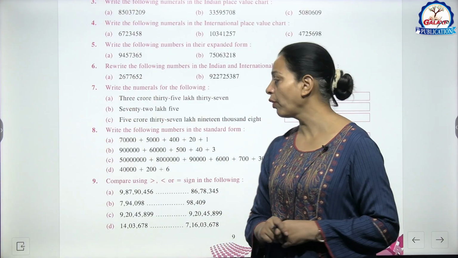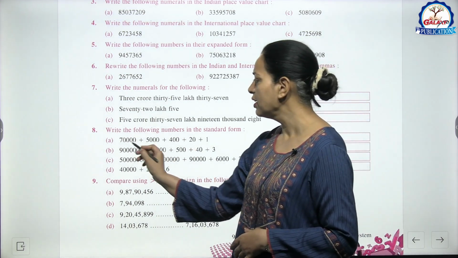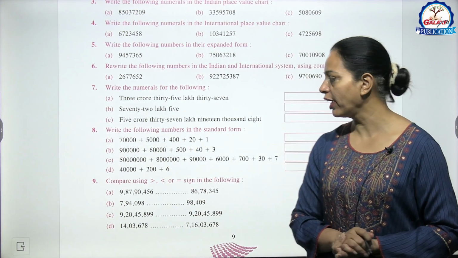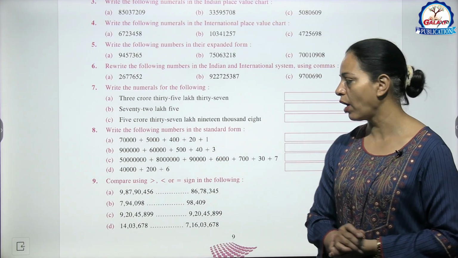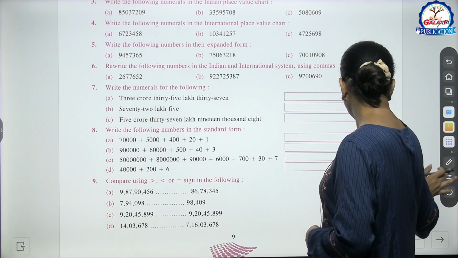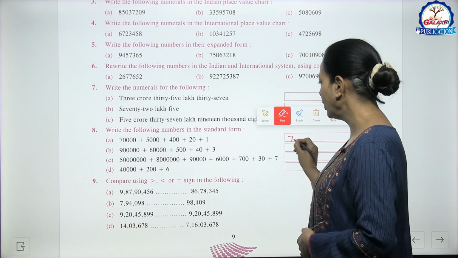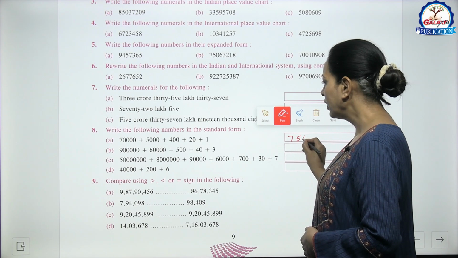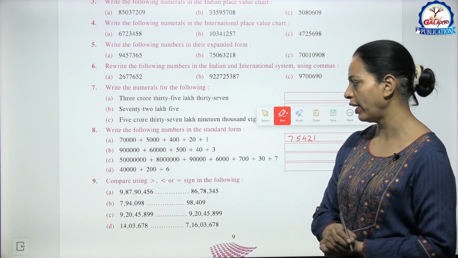Now 8th question. Write the following numbers in the standard form. Like A part here, 70,000 plus 5,000 plus 400 plus 20 plus 1. So how can we write in standard form? First 7, then 5, then 4, then 2, and then 1, right?